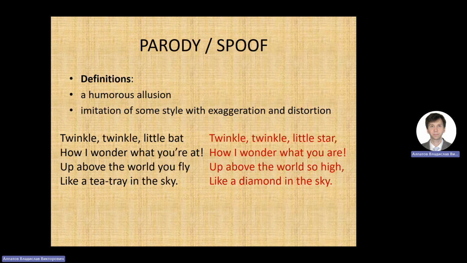And finally, allusion may be at the heart of parody or spoof. Last time we discussed parody and spoof as imitation of some style with exaggeration and distortion, but parody and spoof can be just based on a humorous allusion.